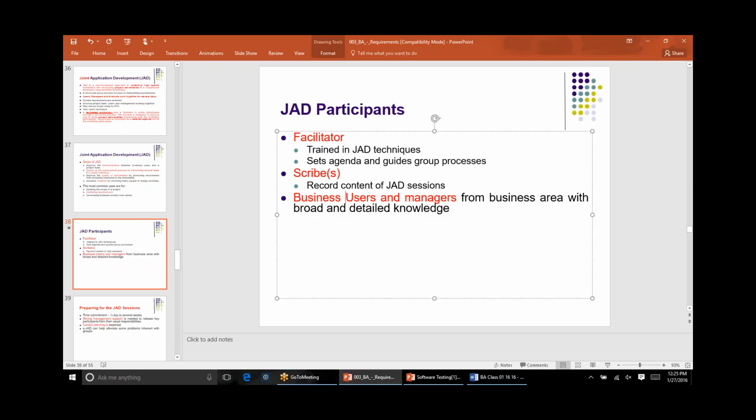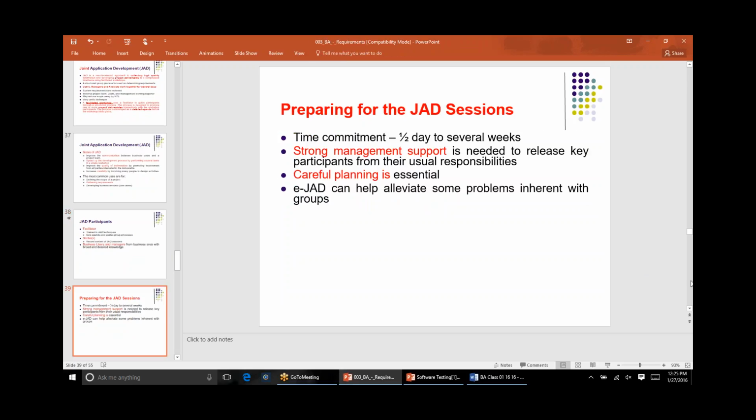So we have all these different sets of people working together. And these are some of the types of people who are engaged.